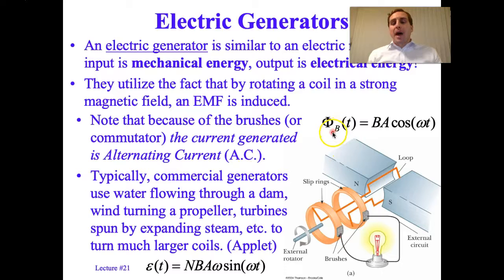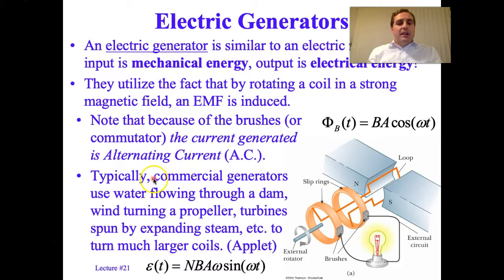Remember that magnetic flux, which we discussed in the previous lecture, is BA cosine phi, where phi is the smallest angle between the magnetic field and the area vector, and phi is often written as omega t. You can think of omega as the angular rotation rate, which is also the angular frequency.